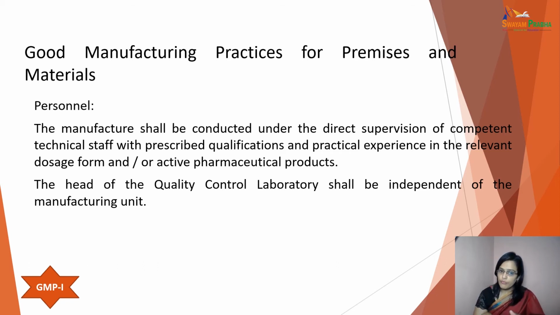The head of quality control laboratory should be independent of the manufacturing unit. That means the person who is supervising the manufacturing section should be independent of the other sections, including quality control laboratory. The testing shall be conducted under the direct supervision of competent technical staff.